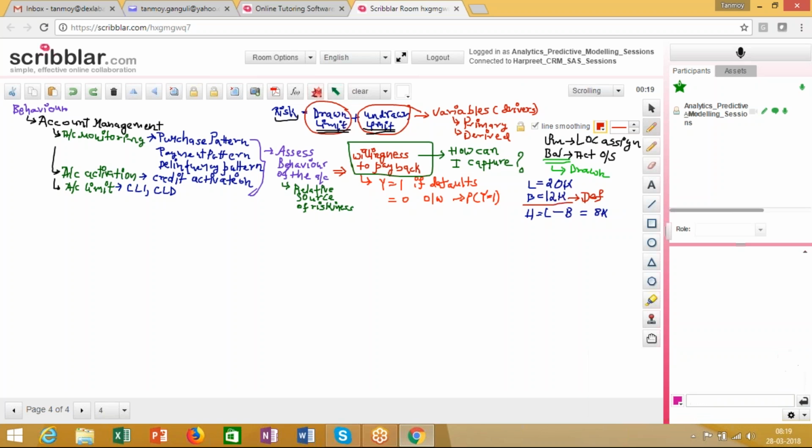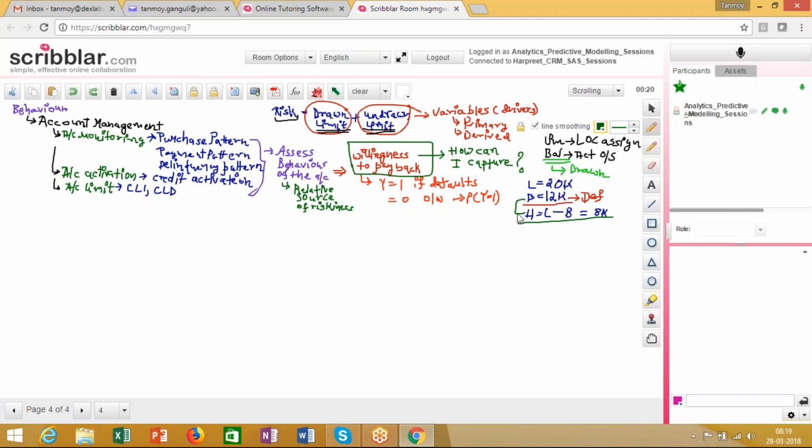Just before the default date, I can actually withdraw this undrawn balance, and then with the entire 20,000 I might go into default. I may draw that, I may not draw that. But once I draw it, I go into default. Therefore, for a revolving product, riskiness not only arises from the balance, but also from the headroom.